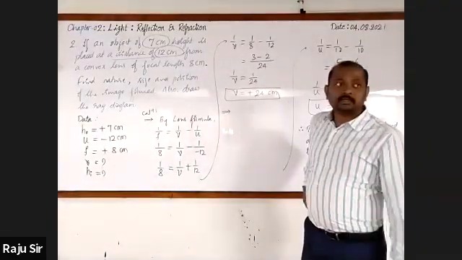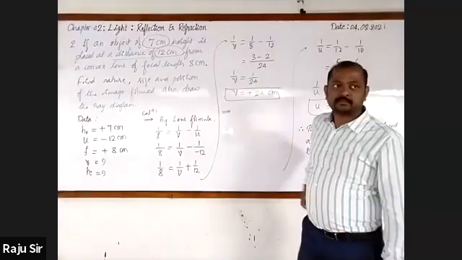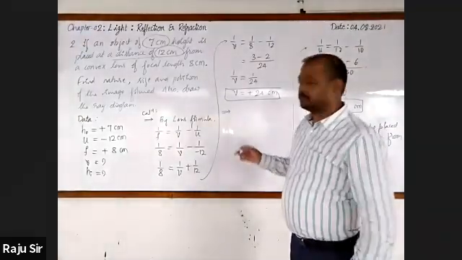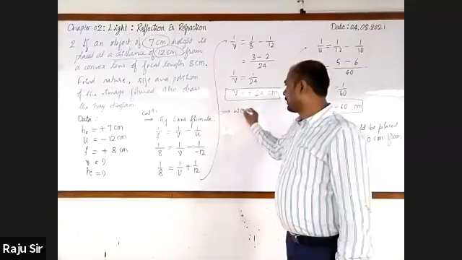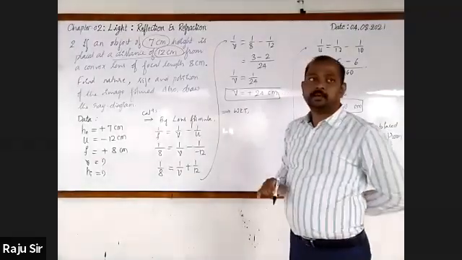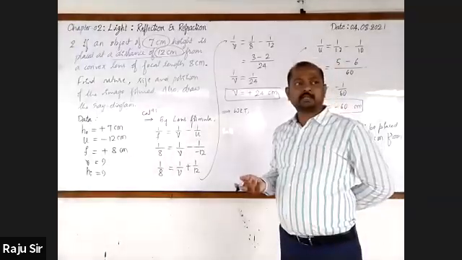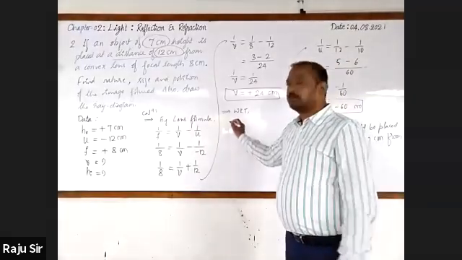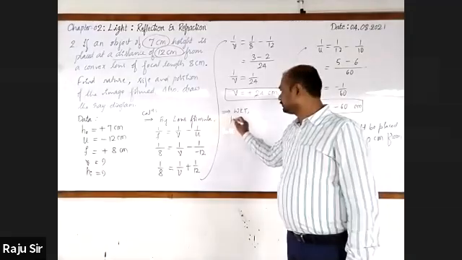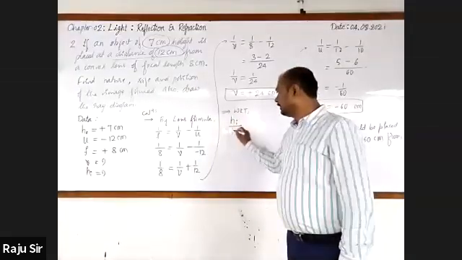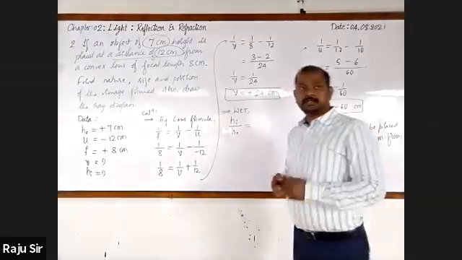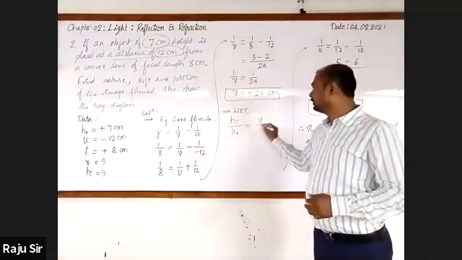We want size. How do you find that? By using the magnification formula of lens. Magnification m is equal to hi by h naught, which is equal to v by u.